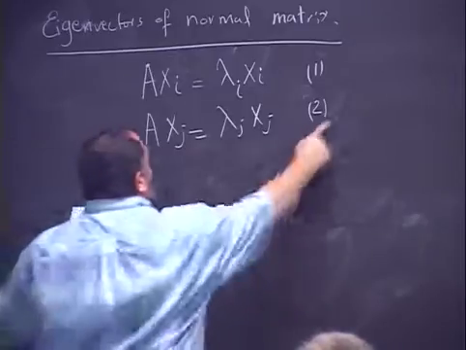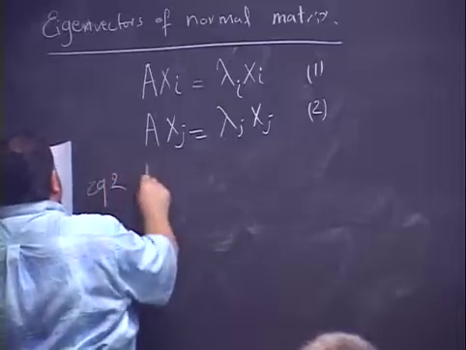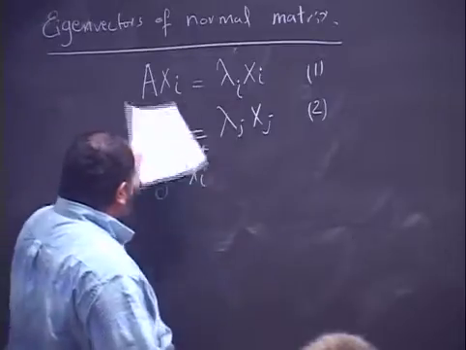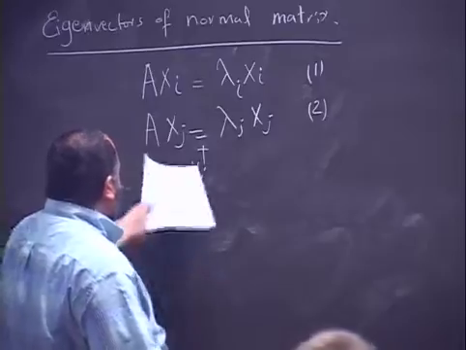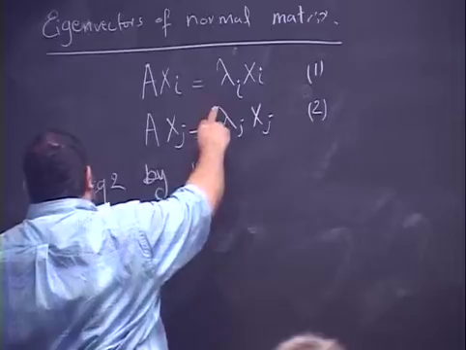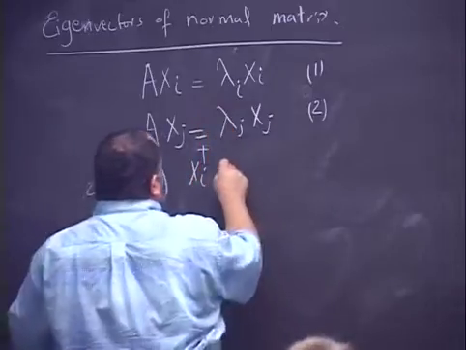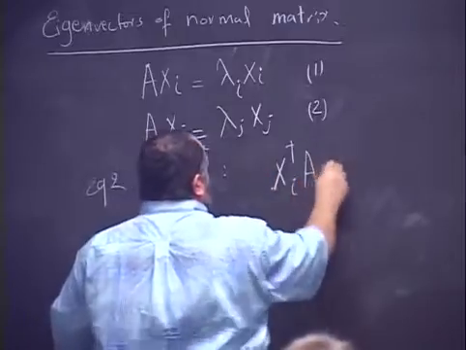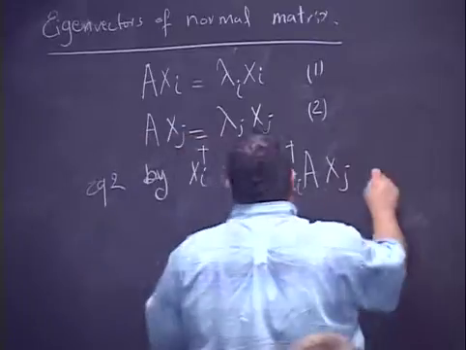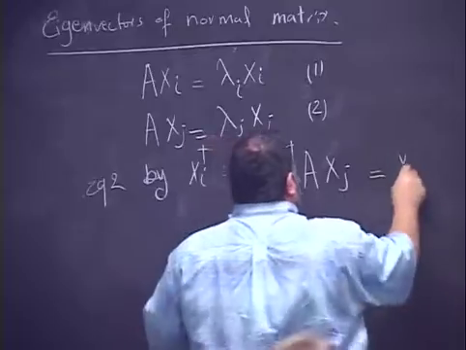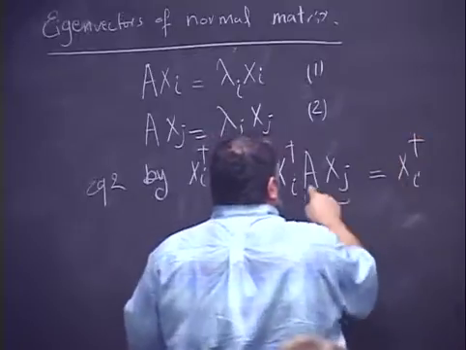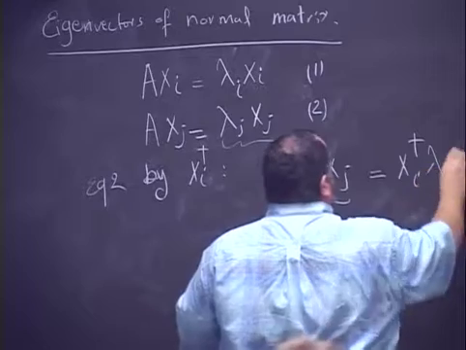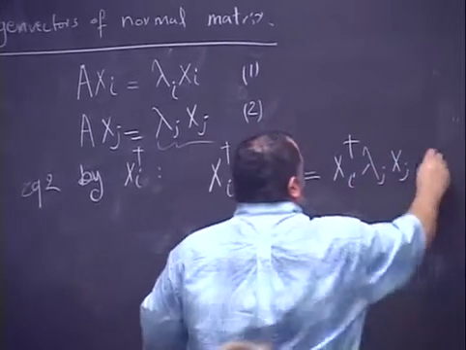If I multiply equation number 2 by the Hermitian conjugate of the eigenvector Xi, which I call Xi dagger here, this will be Xi dagger A Xj, which is Xi dagger lambda j Xj, and I call it 3.